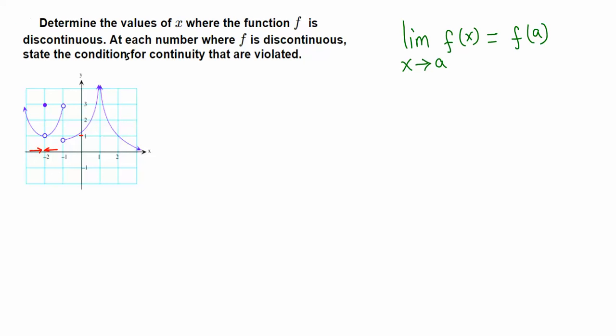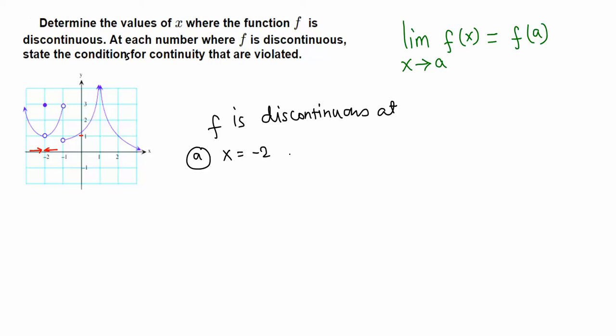So I'm going to write: f is not continuous, or discontinuous, at x equals -2. Why? Because the limit value as x approaches -2 from either left or right is 1, but the function value, the dot, is at 3.